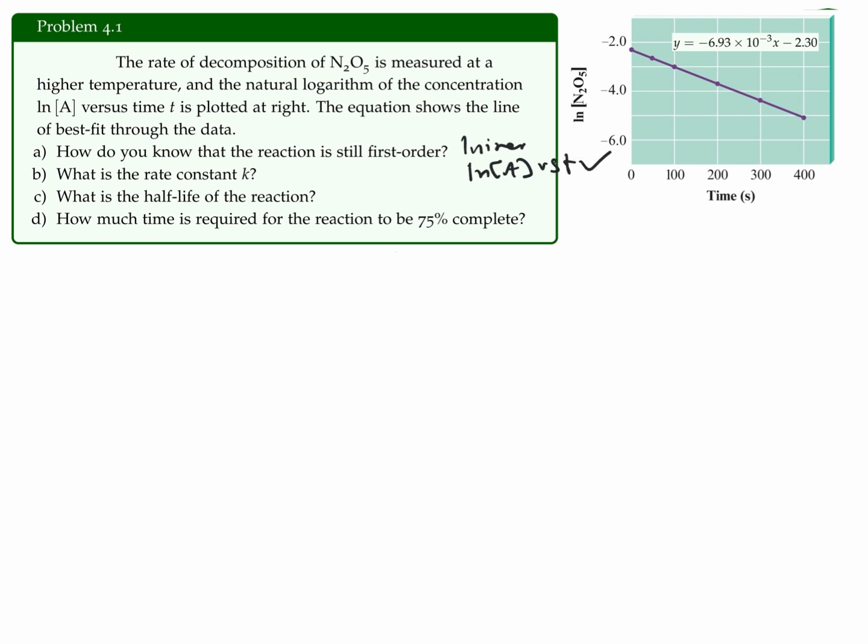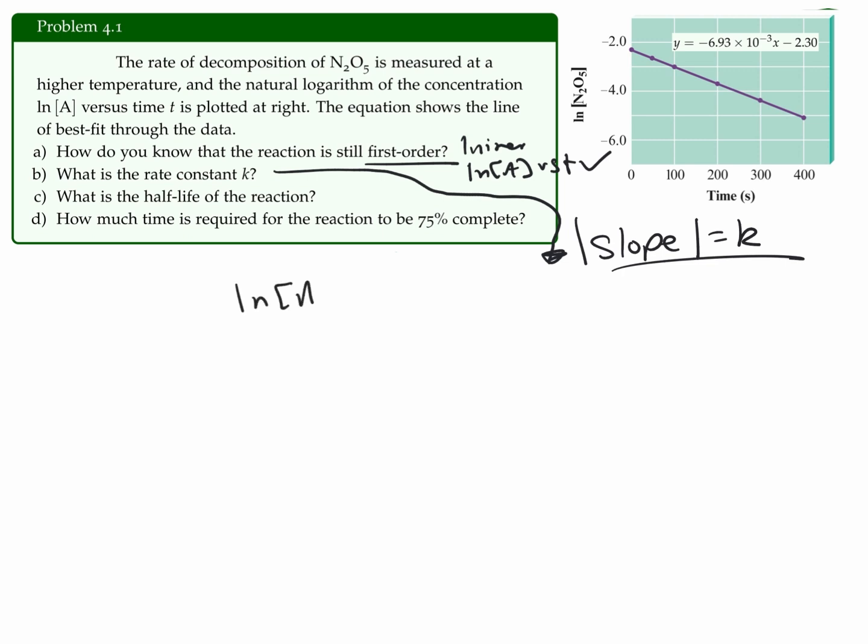The rate constant k, again, remember, you can either memorize this idea that the slope, when I take the absolute value of it, is always equal to k. That will work. Or again, I can just line up my equation. It is first order, so in that case, ln of A is my linear plot.